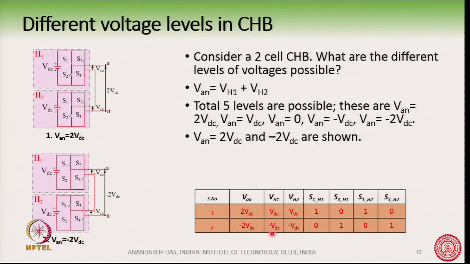In order to get minus VDC, we should have S3 and S2 turned on as shown in this diagram, and from this second cell S3 and S2 turned on. This diagonal switches in these 2 cells will give us this minus VDC, and minus VDC, like this.